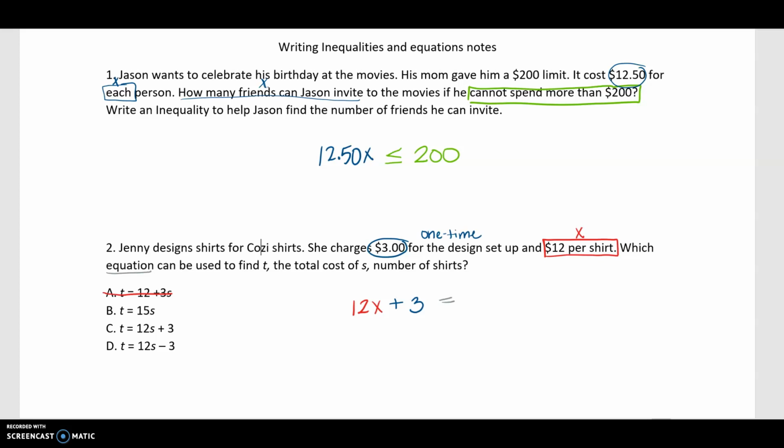And it says can be used to find T, the total. So T is our total. All right, so we're not multiplying 15 times anything, so it's not that. And then we're not subtracting the 3 because I still have to pay the $3. So it's C.